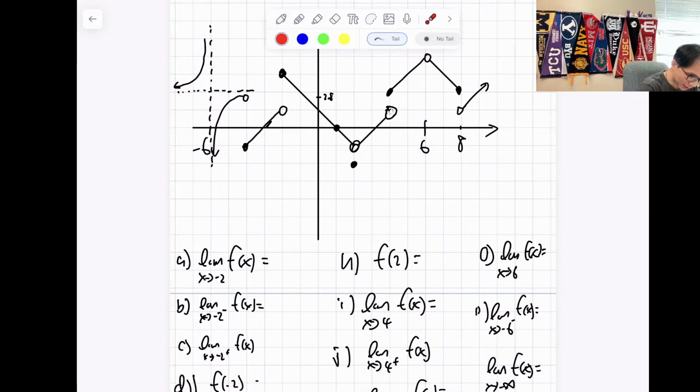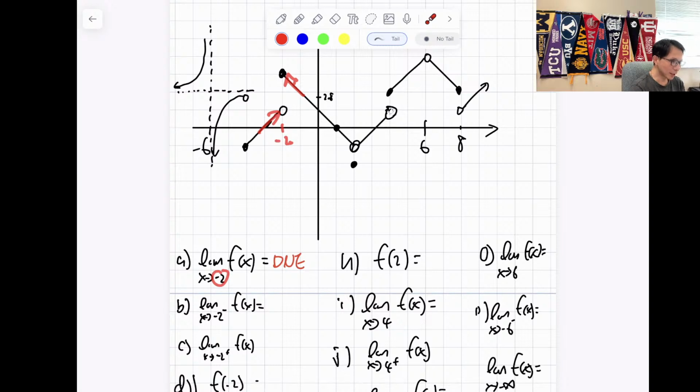Actually, it does not exist. Why? Because this is a -2, right? If I look for the single value at -2 there, you have to look from both ends. And if you look from both ends, they do not come up to be the same value. So therefore it does not exist.